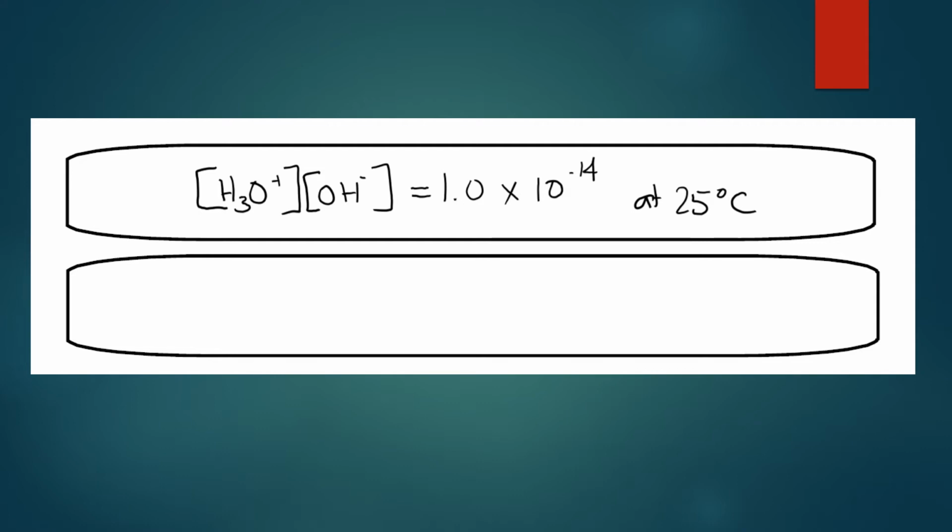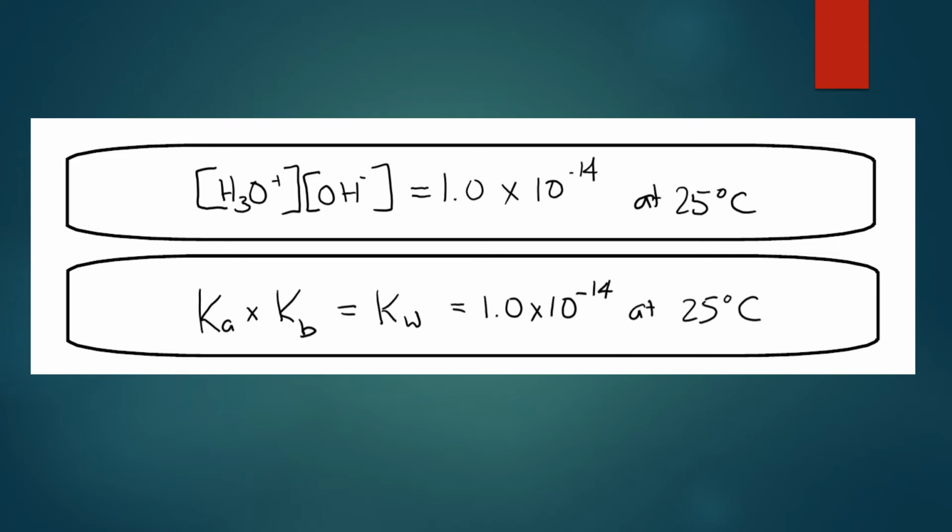So we've got a couple of new pieces of information that we can use. One is the one that we've already looked at. Our concentration of hydronium times hydroxide is equal to Kw, 1 times 10 to the negative 14 at 25 degrees Celsius. But now, thanks to our derivation here, we can also tell that Ka times Kb is also equal to Kw, or 1 times 10 to the negative 14.